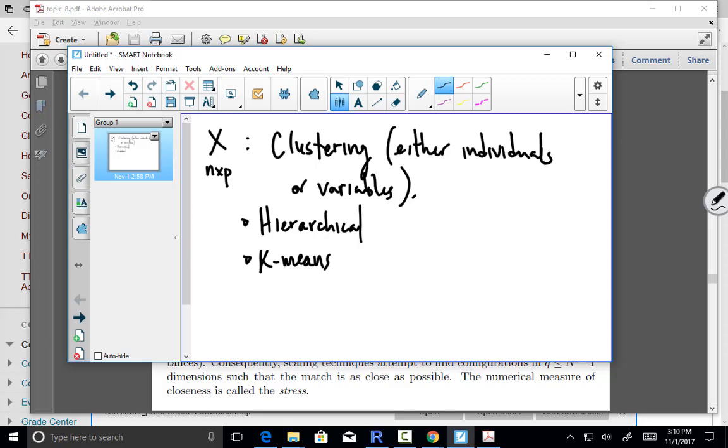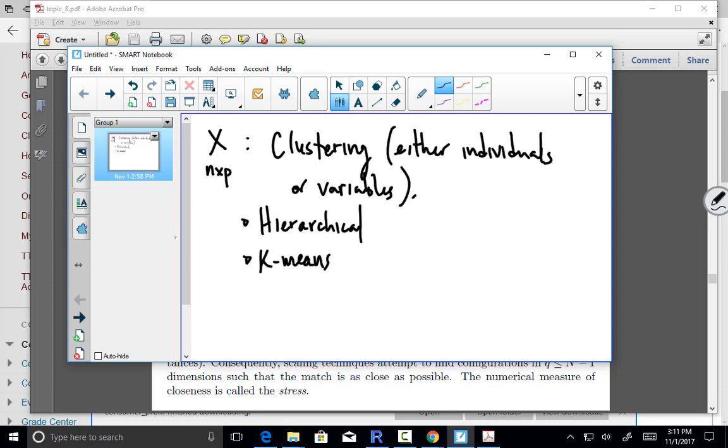So for example, we start by saying that every individual is its own cluster, and we start working our way up, joining individuals who are really close to each other. Step one is which of the two individuals out of all the pairs is closest. Let's put them together. And then let's recompute distances and join again, and recompute and join again, until we've gone all the way up from everybody's their own cluster to one giant cluster.